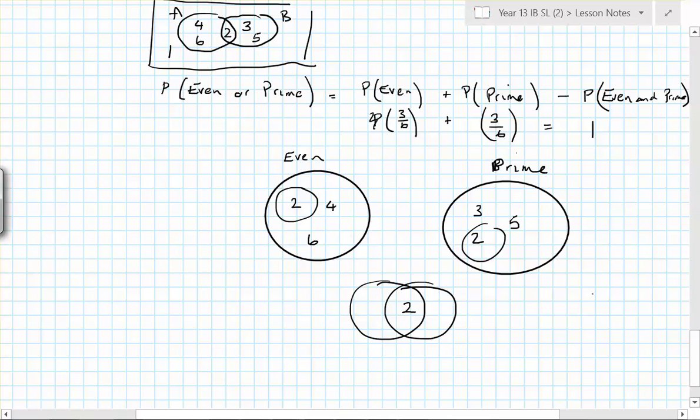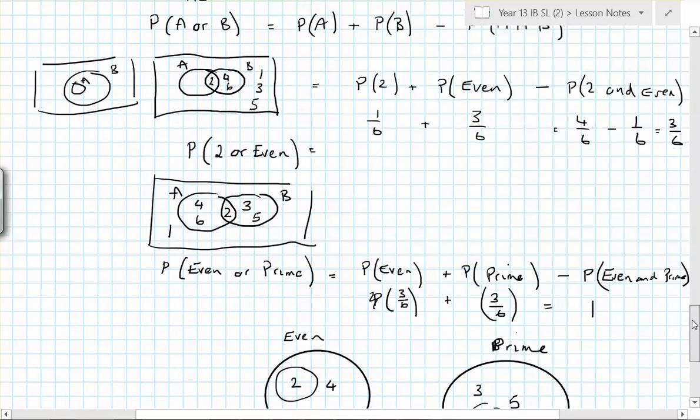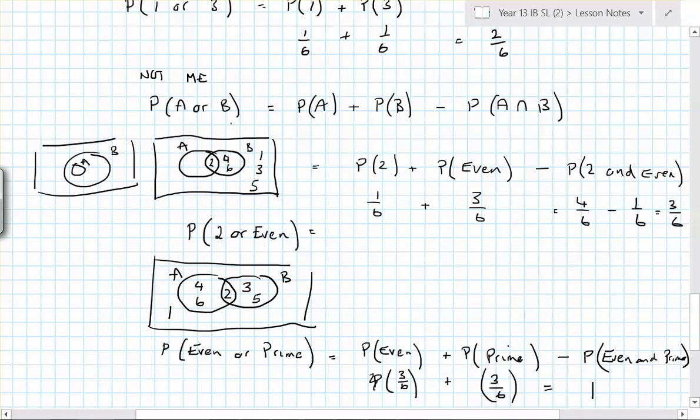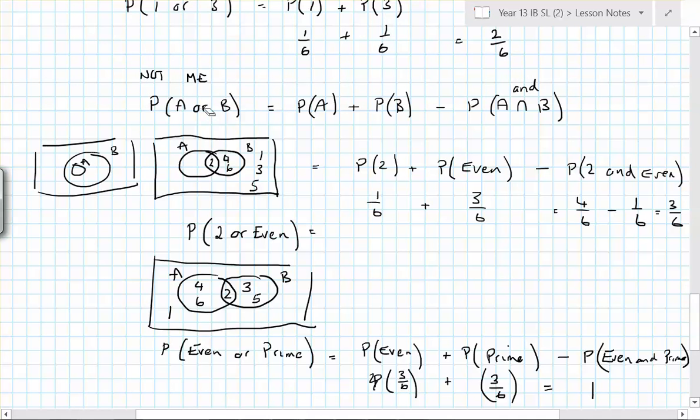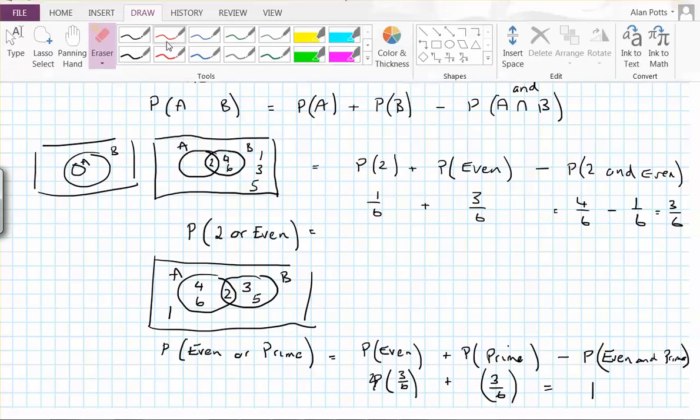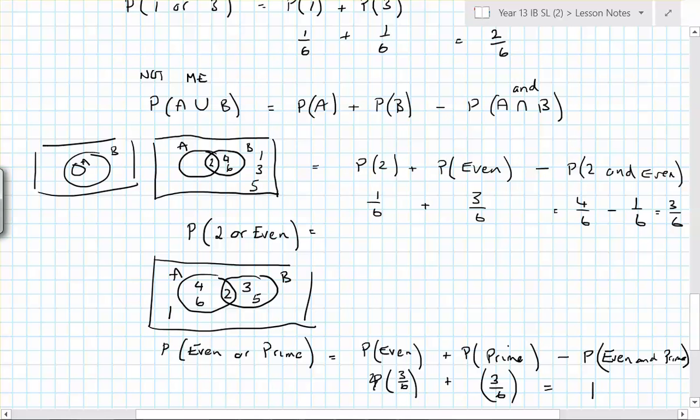What's the correct notation for saying probability of A or B? So we've got probability of A and B here. Do you remember the correct notation for OR? Yeah, union. So instead of writing OR, we have union.